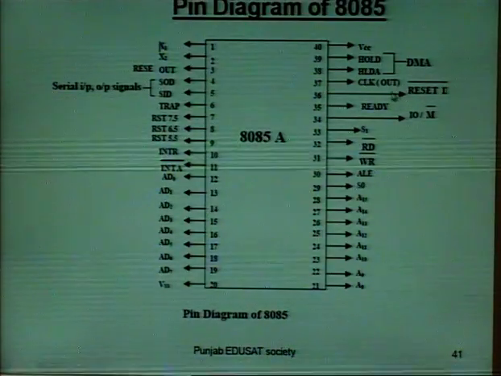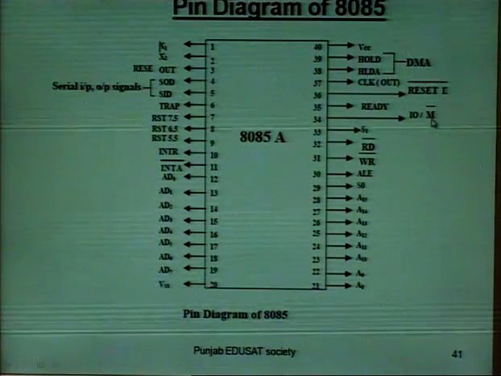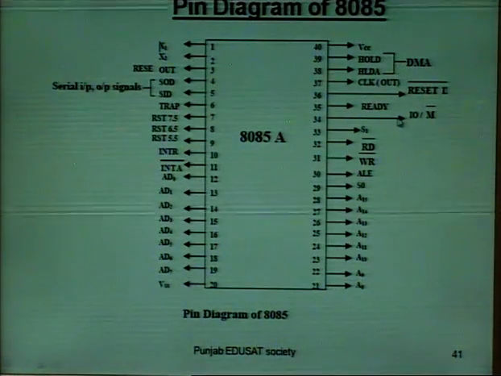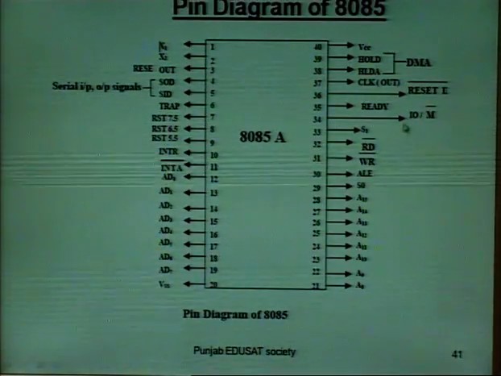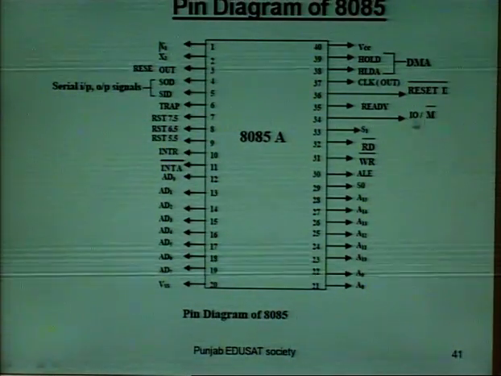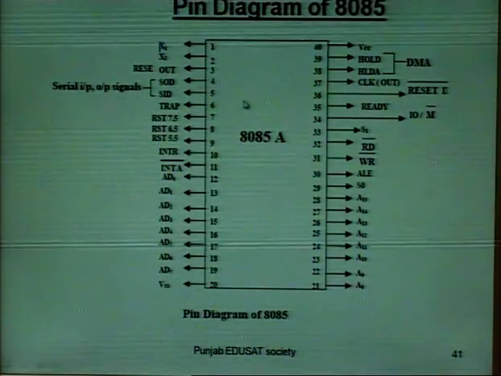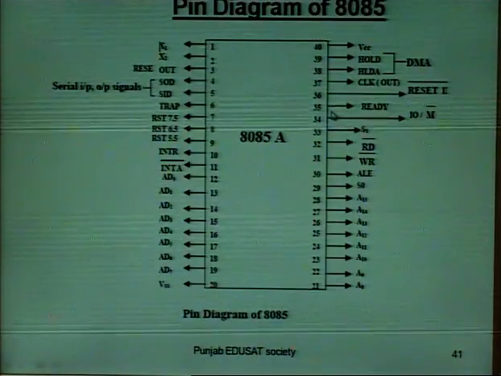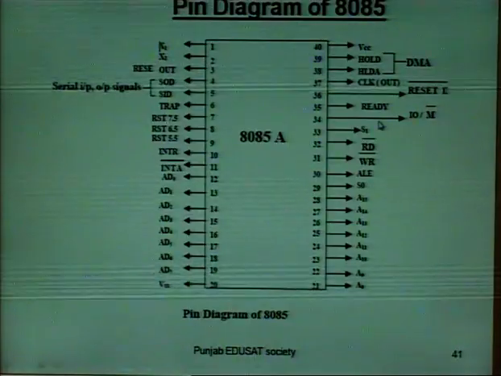After that, we have the IO/M pin. If the signal on this pin is high, it indicates that the operation is related with an input output device. If the signal is low, it indicates that the operation is related with memory. Then we have READY. Ready is an active high input control signal.